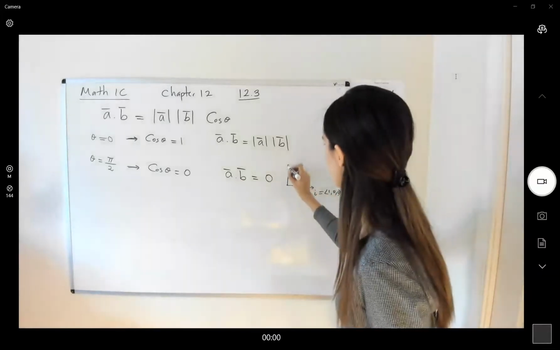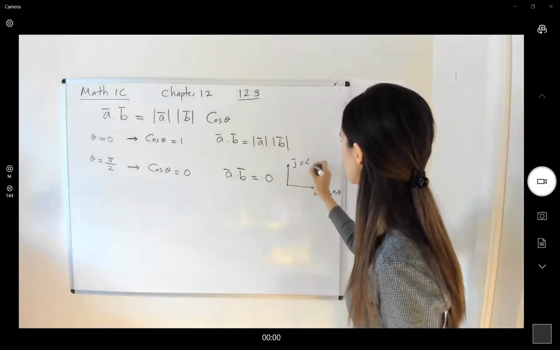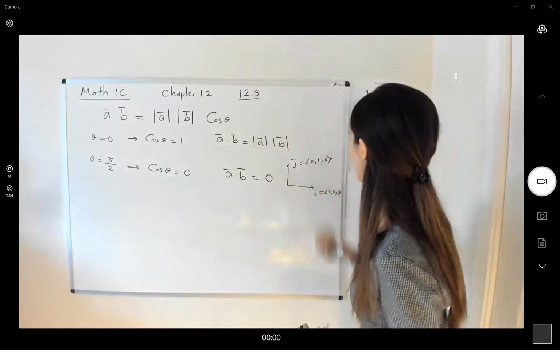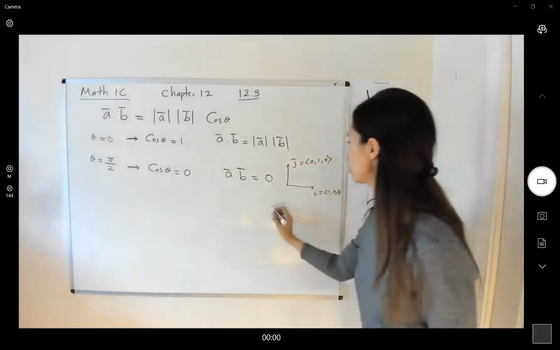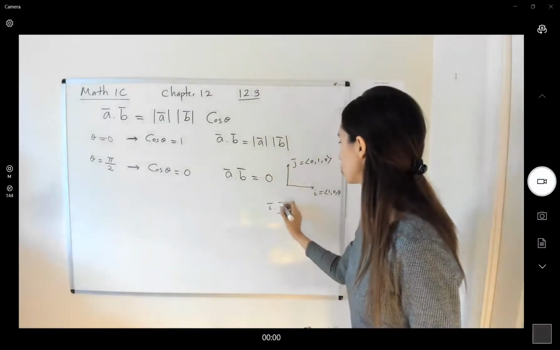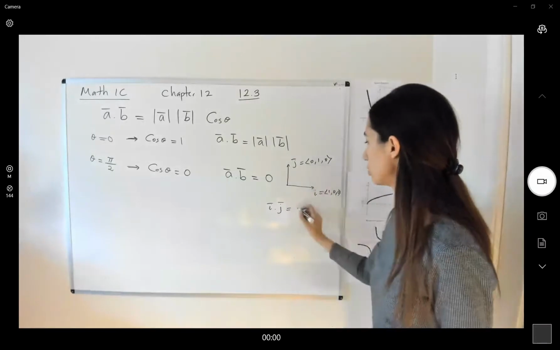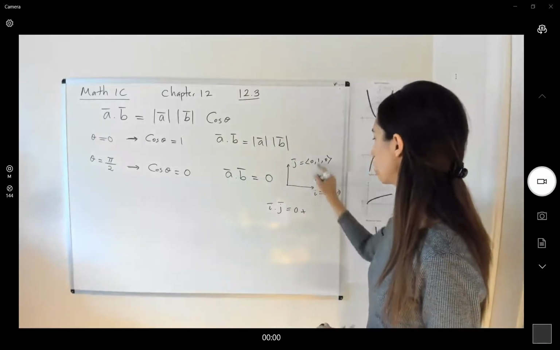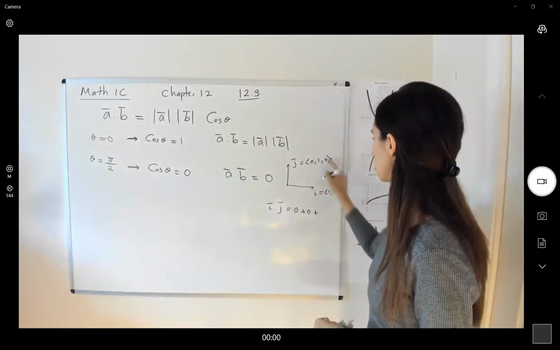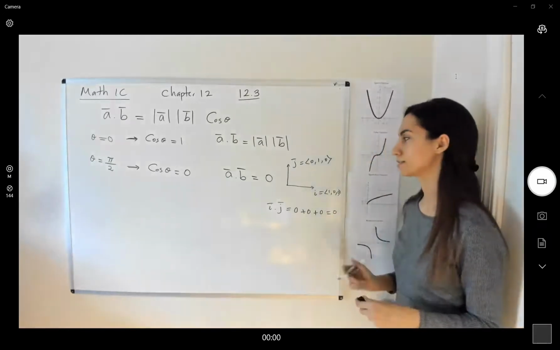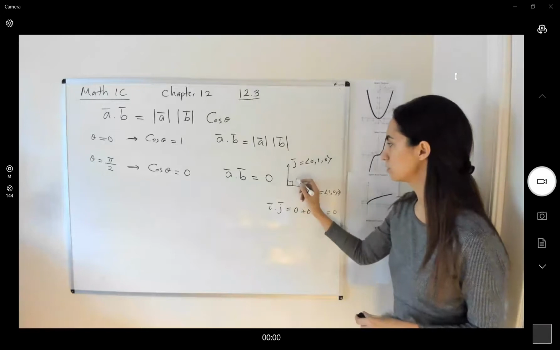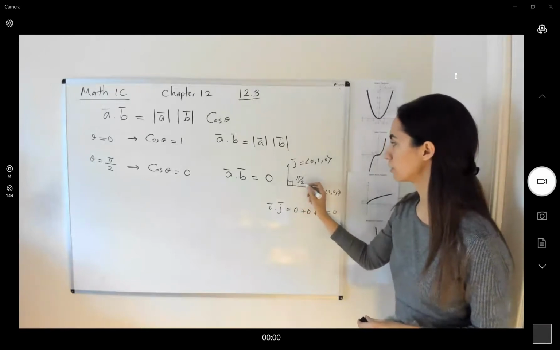And this is your second vector, j, which is 0, 1, 0. If you form the dot product between these two, i dot j, 1 times 0 is 0, 0 times 1 is 0, 0 times 0 is 0. The dot product or inner product is always 0, and the angle between them is pi over 2.